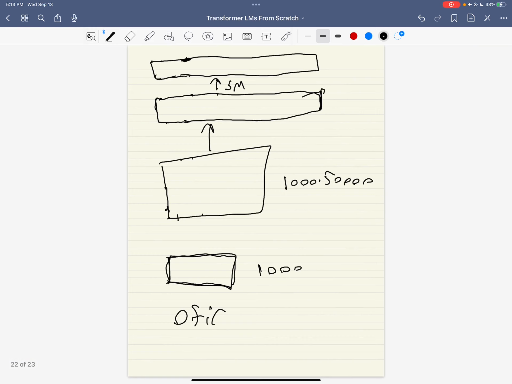Okay, so we have this model right now where I inputted the word Ophir, and I'm trying to predict the next word. The first thing I do is get the word embedding for the word Ophir, and that's a vector of 1,000 floats. Then I multiply it by this matrix that has 50,000 word vectors, each of size 1,000. I get this vector of size 50,000, and we call this vector the logits.